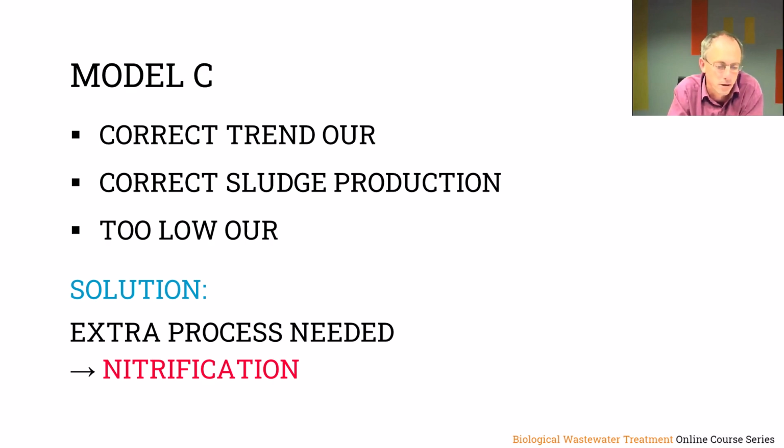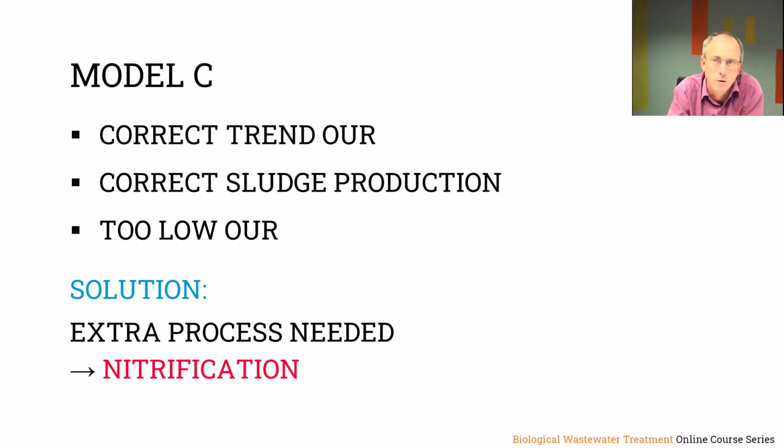So the total is too low. And we need a process, if we look at the curve, which is slow, because all day long the amount of oxygen consumed by this other process is more or less constant, not depending too much on the influent.